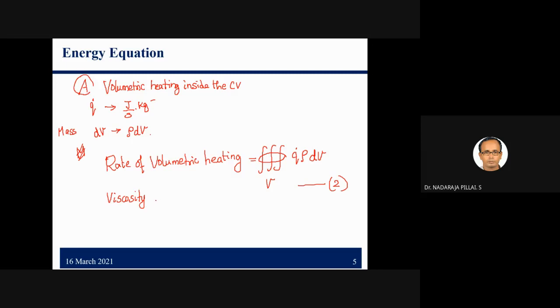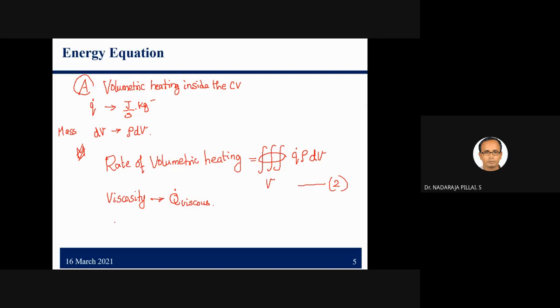Because of viscosity, that is the viscous contribution, we are not very much interested to go deeper into the viscous effect now, since we will discuss that a little later. I will write the volumetric heating due to the viscosity as Q dot viscous.